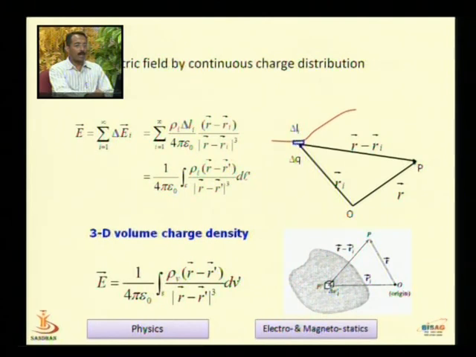One has to replace the line integral with a volume integral, and also consider the volume charge density.